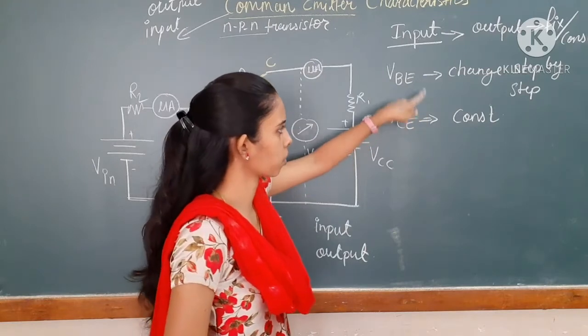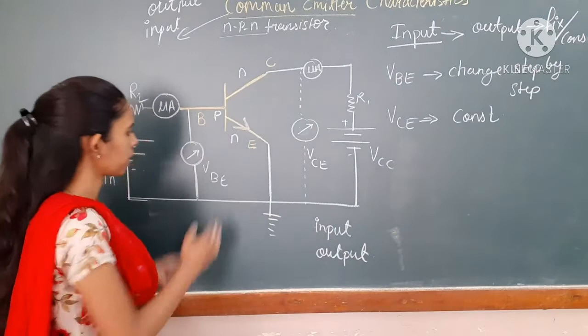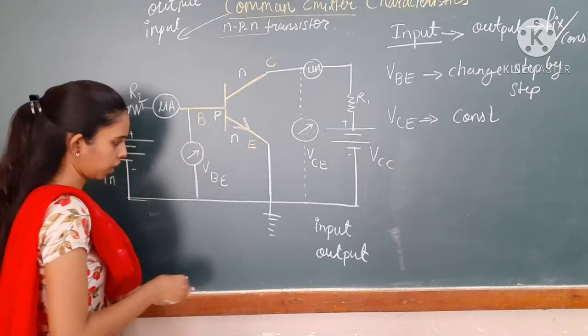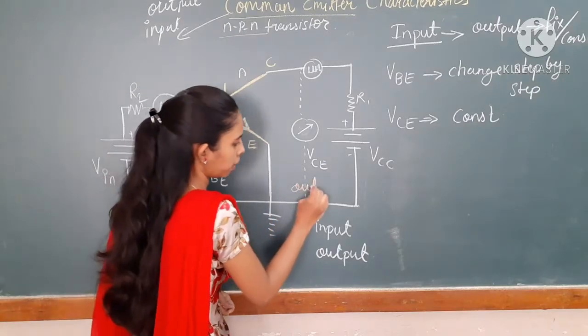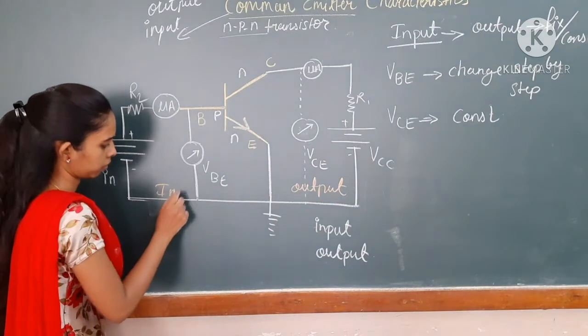These are the basic things which you have to keep in your mind, that VBE is input and this is output. Okay, so we can write it as this is the output part and this is the input part.